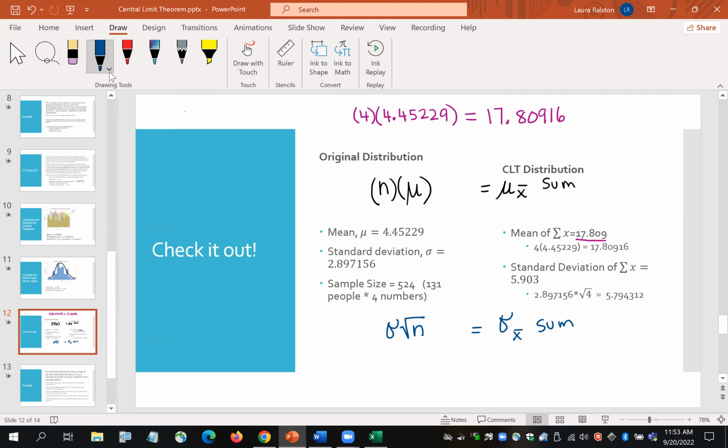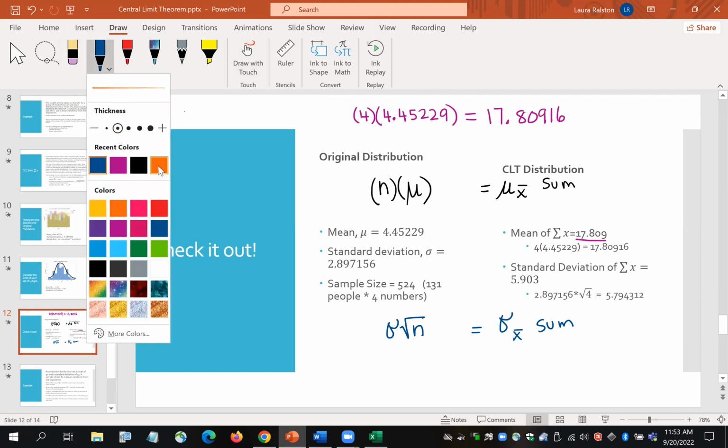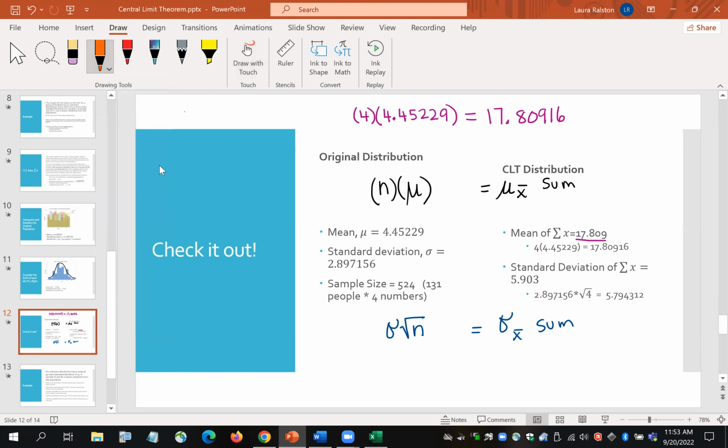I did the calculations, but I'm trying to do them live here. 2.897156 times the square root of 4, so that's 2.897156 times 2, which gives me 5.794312.